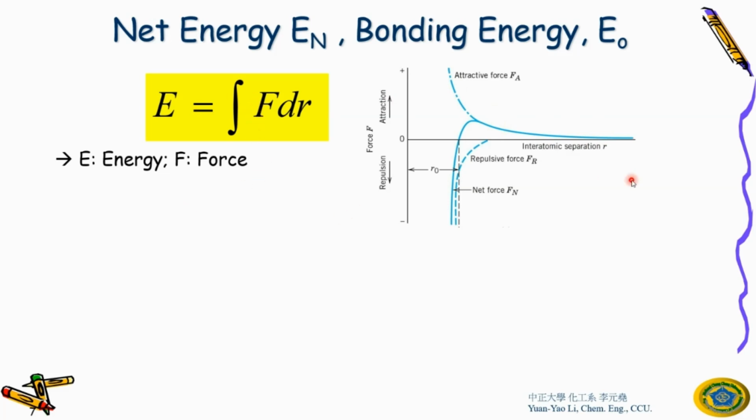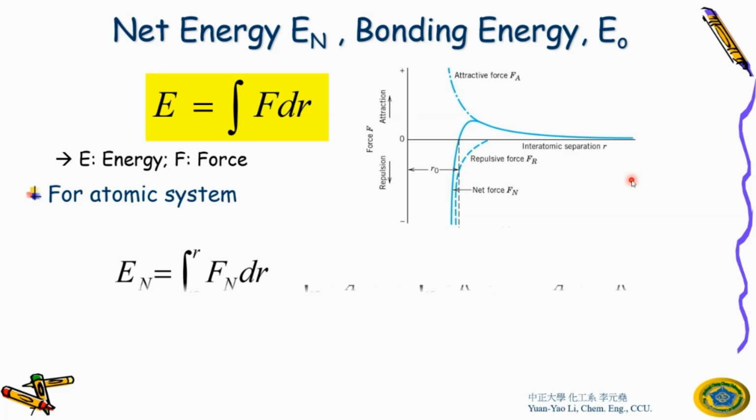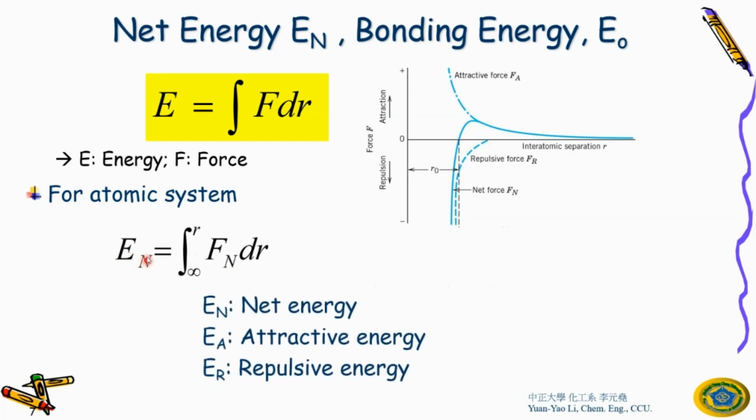So as we know, for an atom system, the net energy will be the summation of the force times distance, from infinity to r, where r is the distance, right? And then because we know the net force is equal to the attractive force plus the repulsion force, that means what?